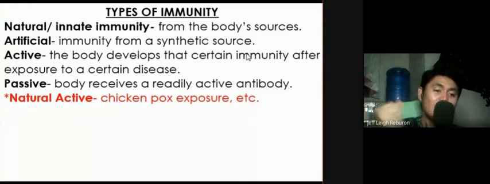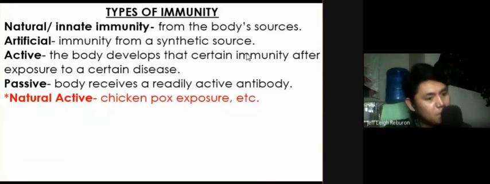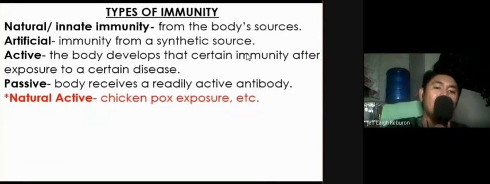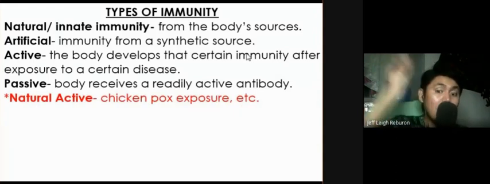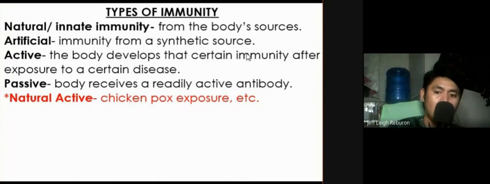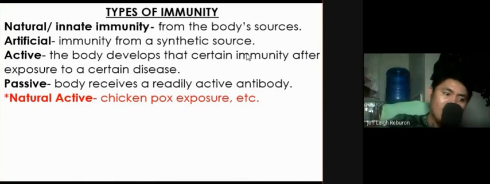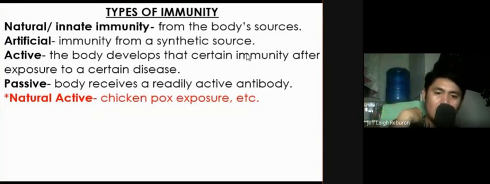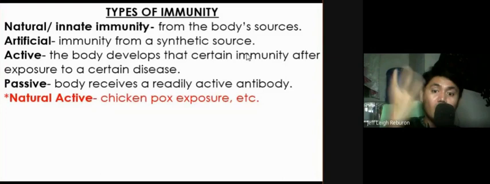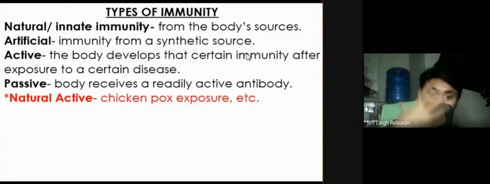Nagets? Kaya siya tinawag na natural active. Kasi natural na paraan ko siyang na-produce yung antibody at ako mismo ang gumawa ng antibody na yon para malabanan yung sakit na chickenpox. So what will happen? If I am exposed again to that same antigen, I will not anymore be affected because I already have the antibody.